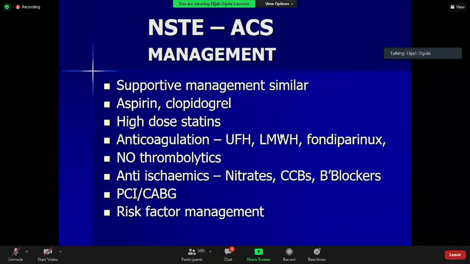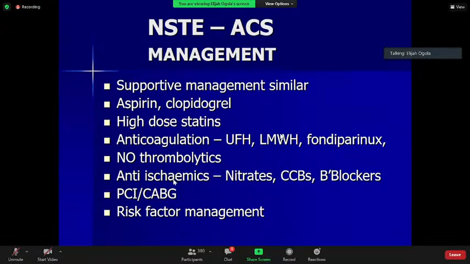In terms of treatment, the supportive management is the same. The antiplatelet treatment is the same. The statin treatment is the same. However, where there is no ST elevation, we do not use thrombolytics at all.